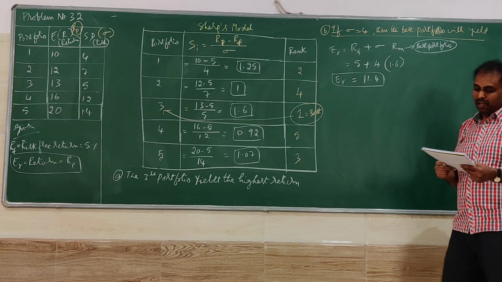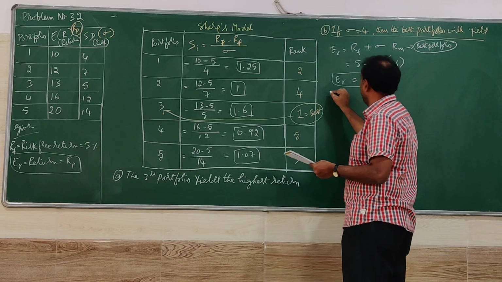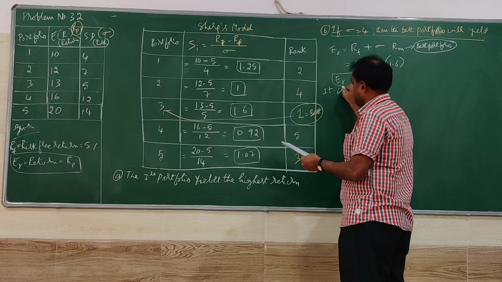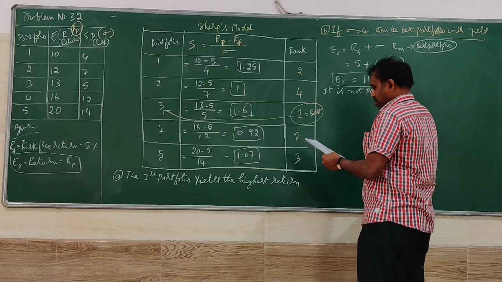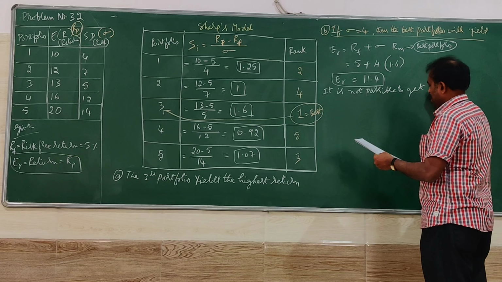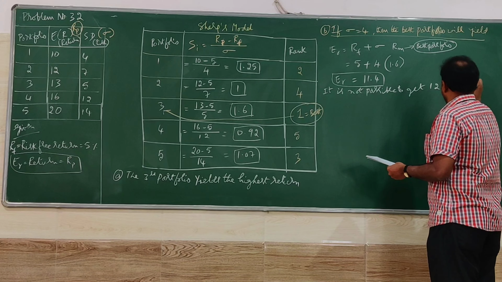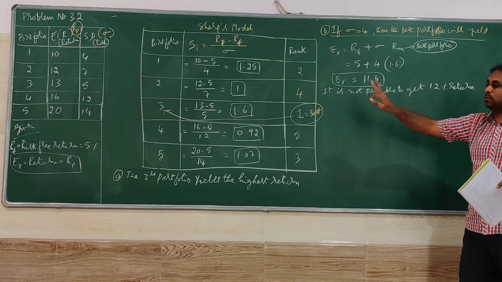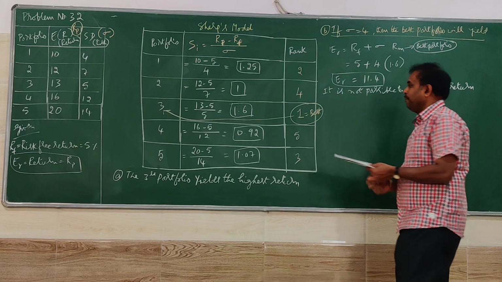So here you can see it is not giving 12% return. So I have to write it is not possible to get 12% return. Even if the investor invests in the best portfolio, the return will not be 12%. So it is not ideal to invest in portfolio 3.